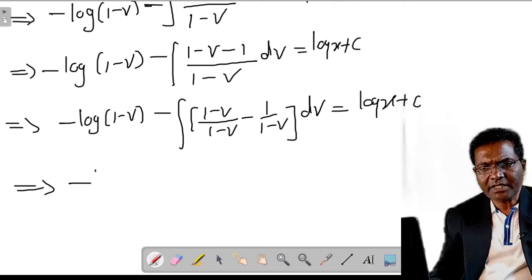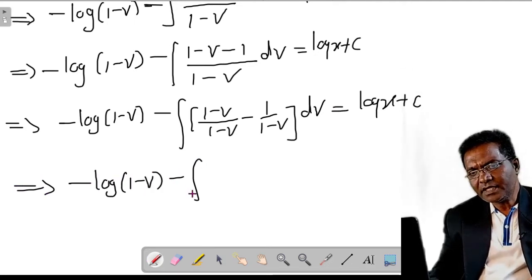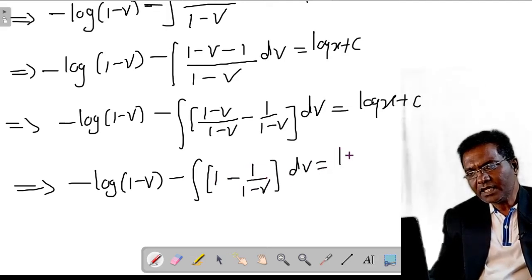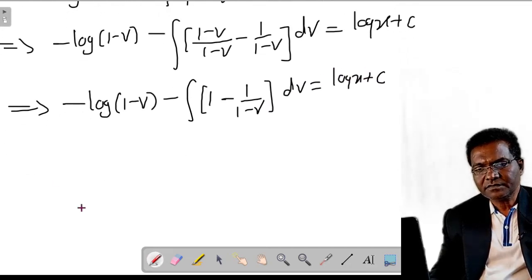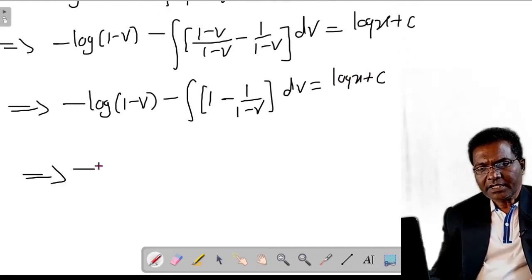This is equal to minus log of 1 minus v, minus the integral of (1 minus v) by (1 minus v), which is 1, minus 1 by (1 minus v) dv, equals log x plus c. Now you can integrate.